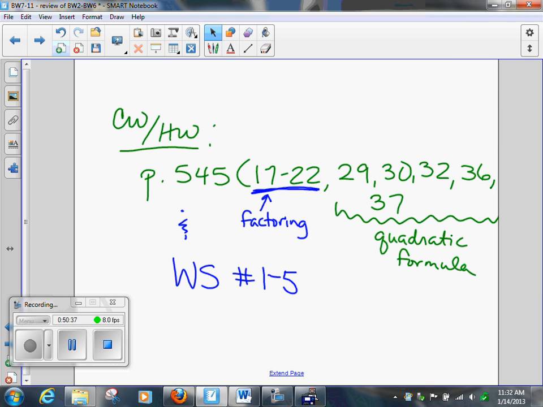All right. I want you to notice that 545, we've changed pages, by the way. 17 through 22, I want you to solve by factoring. 29, 30, 32, 36, and 37, I want you to solve by quadratic formula. And then I'm handing you a worksheet where you're only going to do the first 5 problems.